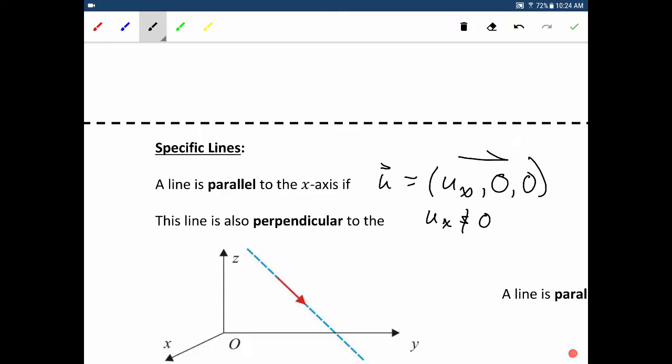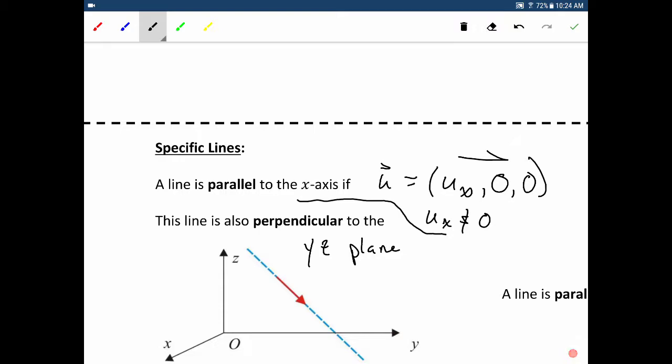The line is also perpendicular to the YZ plane. Okay, so the YZ plane, this is going to be perpendicular to it.